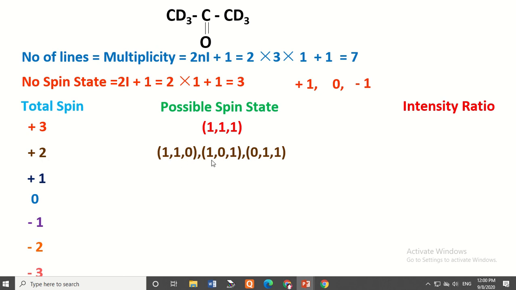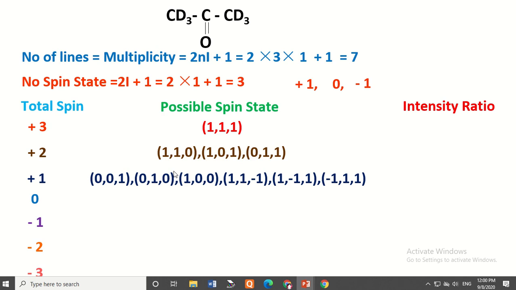In the second bracket, the first nucleus has spin plus 1, the second has spin 0, and the third has spin plus 1. Or the first nucleus has spin 0, the second is plus 1, and the third is also plus 1. Each gives plus 2. Therefore, there are 3 possibilities.